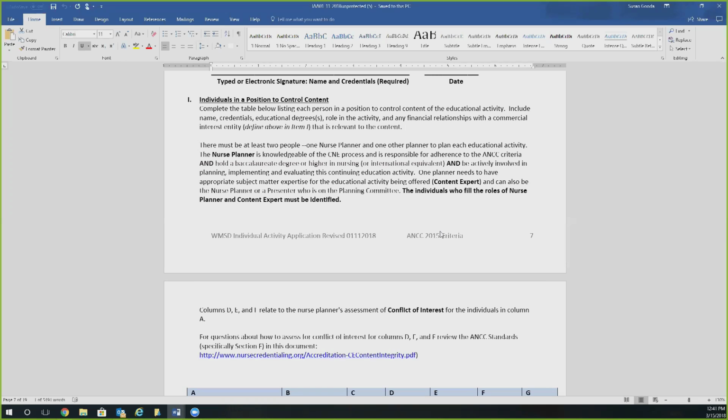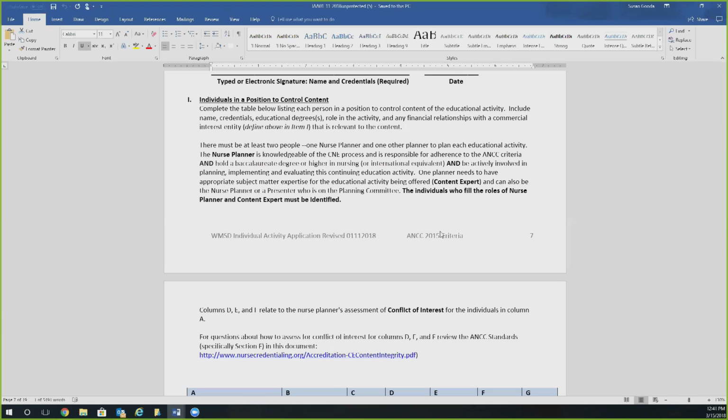Well, here's my recommendation. When you're in the planning process and you've identified your topic and you've identified obviously your learning outcome and your objectives that you'd like to have the presenters present, and then you've made a decision that, oh, these people would be great as presenters, here's what I would do.